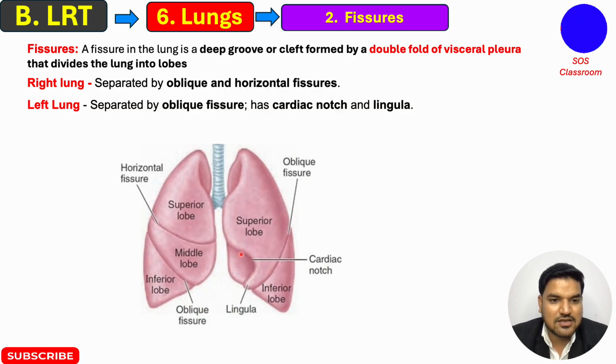You can see this is the cardiac notch. Here the heart is present and this notch is present. This inferior part of the superior lobe present near the notch is called the lingula.